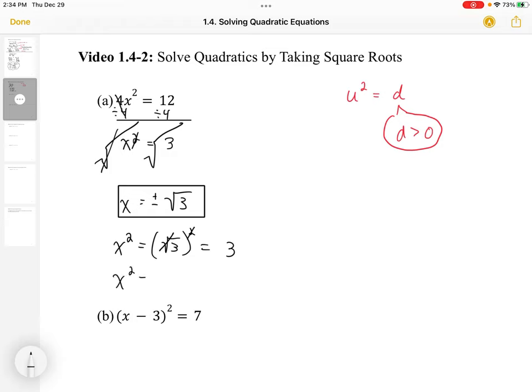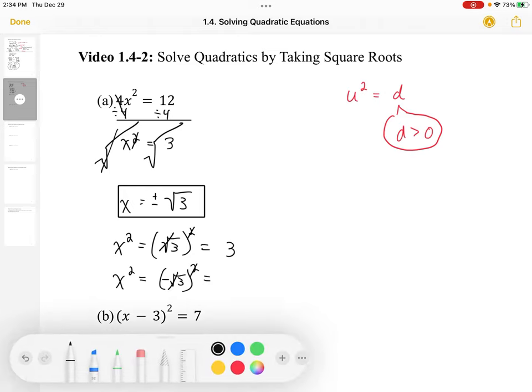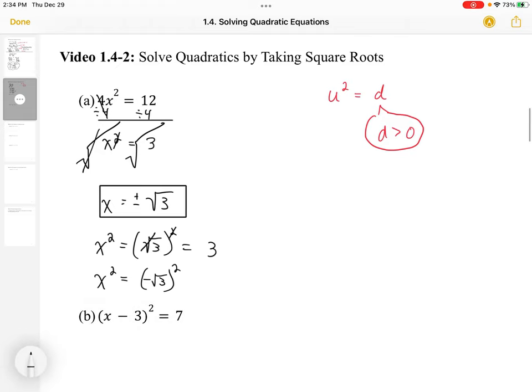Let's use negative square root of 3. When we square negative square root of 3, the square root and the square undo each other, however, that negative sign is also squared. So we should probably write that a little bit differently so we don't get confused, okay? We can think of this as being negative 1 squared and radical 3 squared. So I'm just rewriting that negative as a negative 1, just so you can see what happens here.